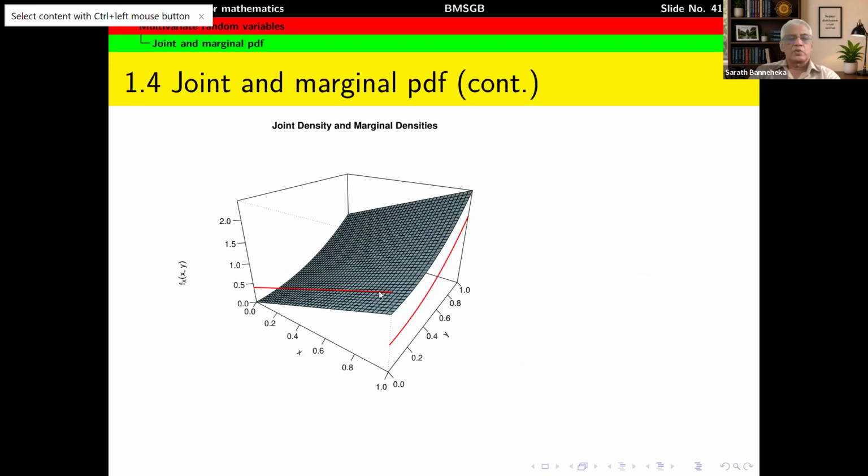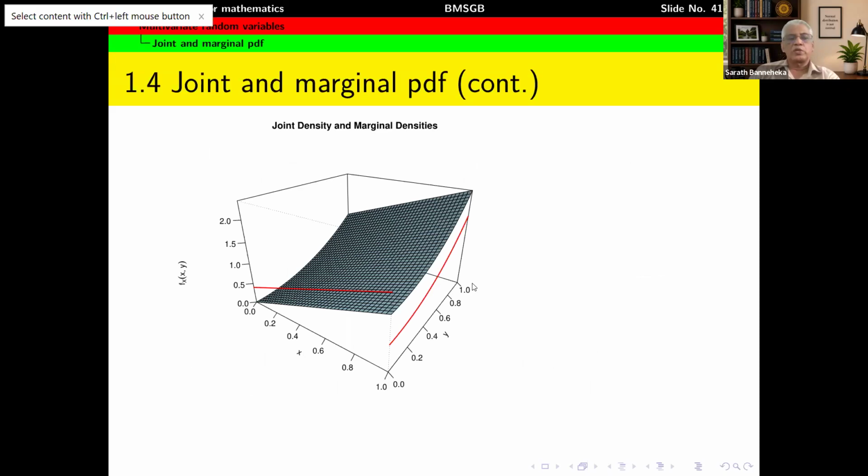What I have drawn here is actually the marginal densities. We will derive the equations for these later to show what we get as the marginals, and compare them.